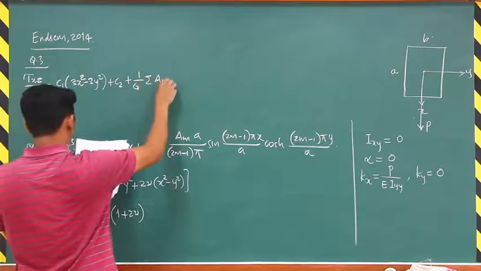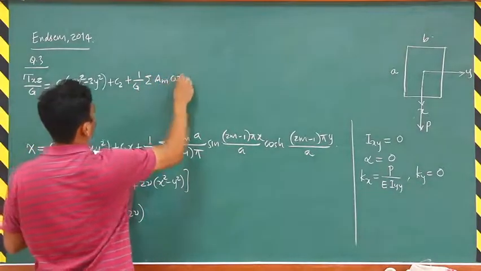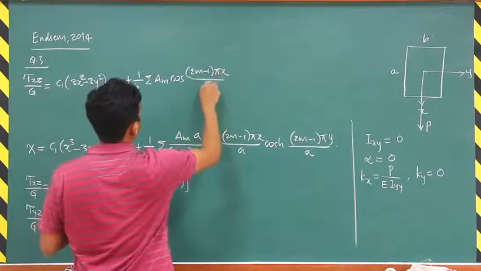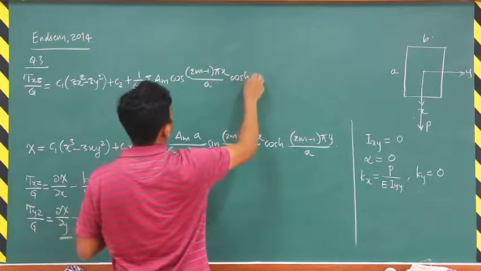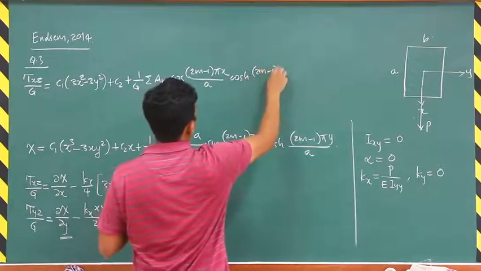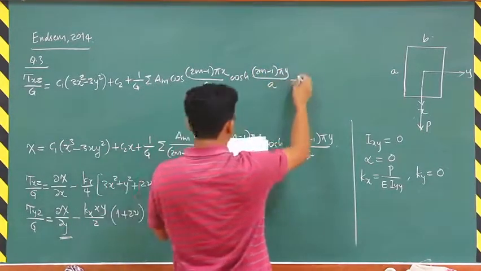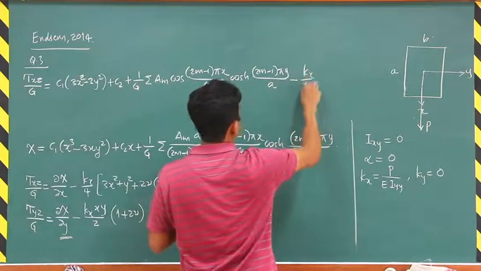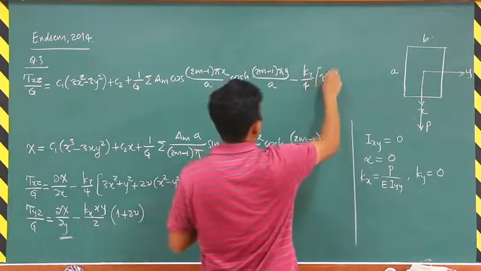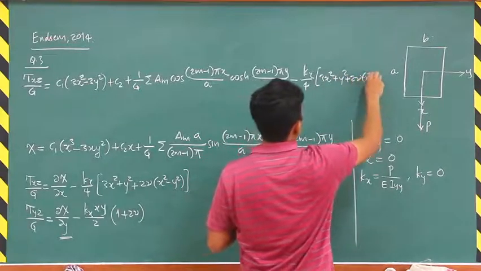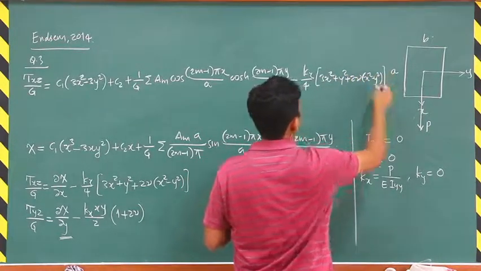This includes am cos of (2m minus 1) pi x upon a times cos hyperbolic of (2m minus 1) pi y upon a, minus an additional term kx upon 4 into the bracket (3x square plus y square plus 2 nu x square minus y square).